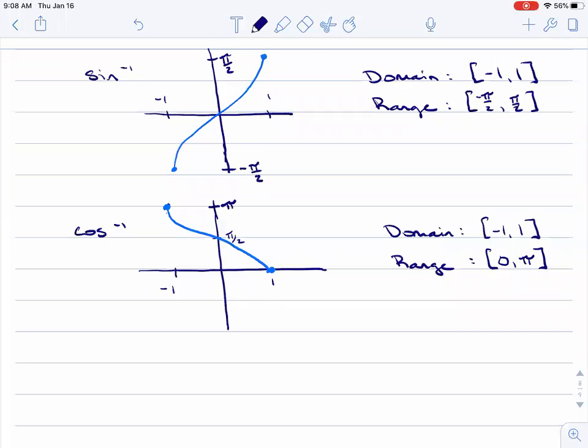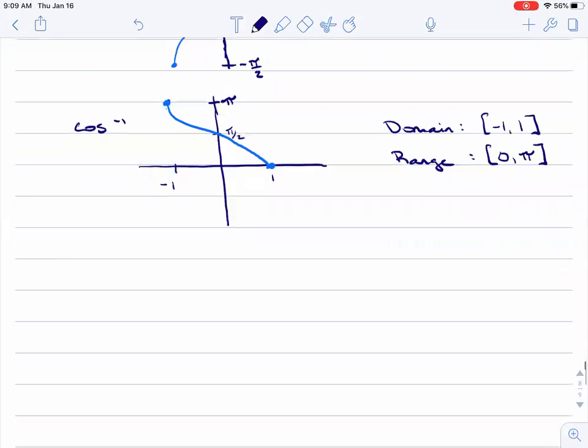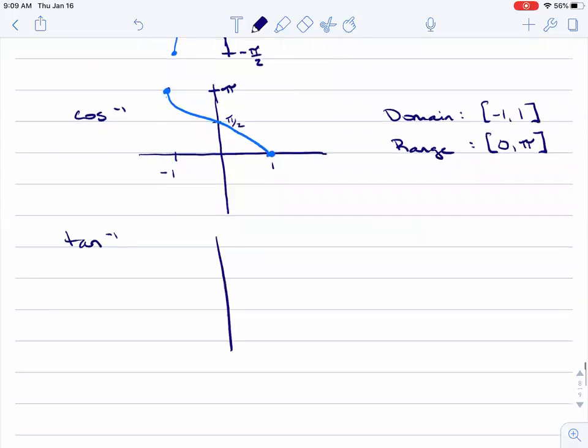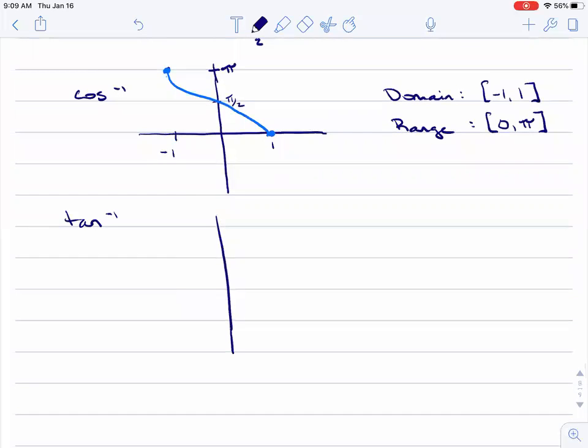The only one of these that's kind of interesting is the inverse tan, right? And so if we're looking at the inverse tan, what it's going to look like, and I'm going to need one more line there.